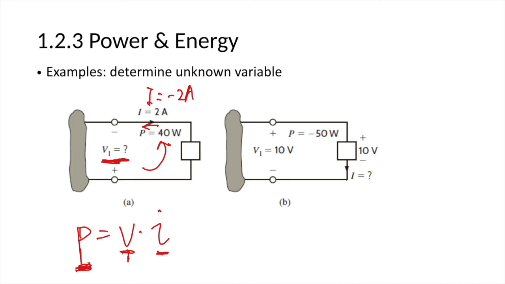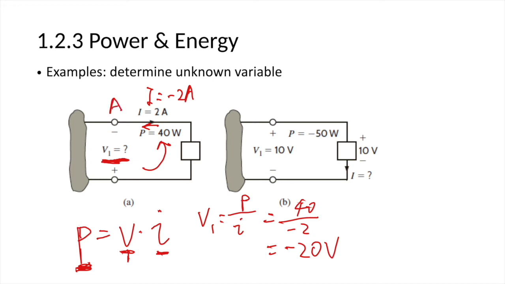What is V? V equals P over I equals 40 over negative 2 equals negative 20 volts. Let's say this is point A, this is point B. V1 equals negative 20. It means the voltage at point B is lower than the voltage at point A by 20 volts.